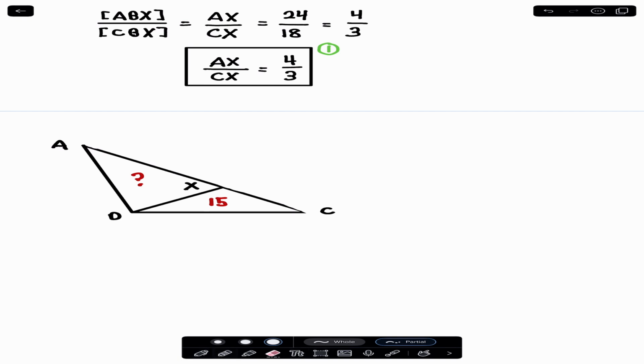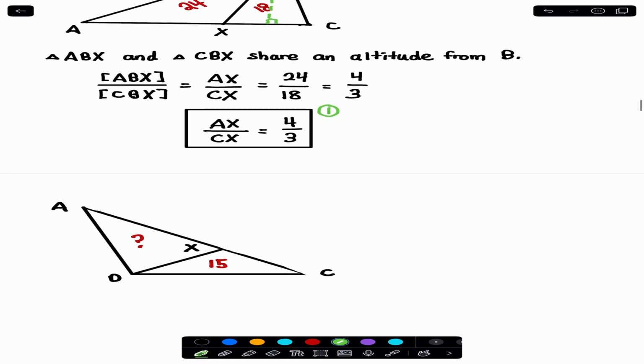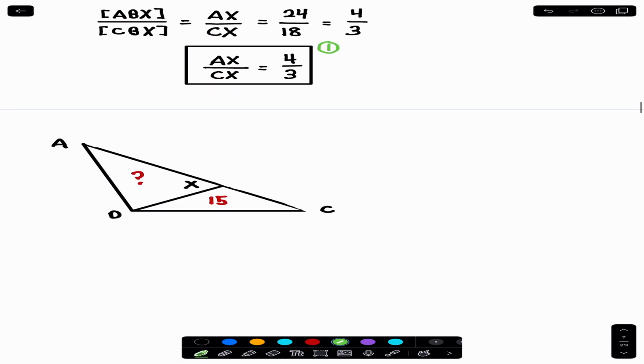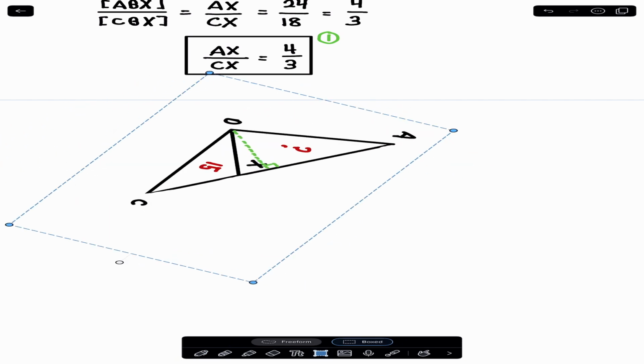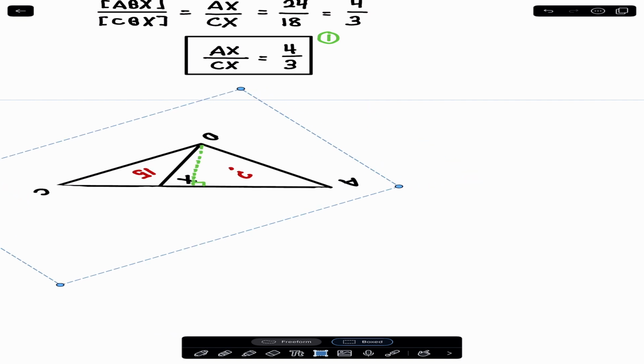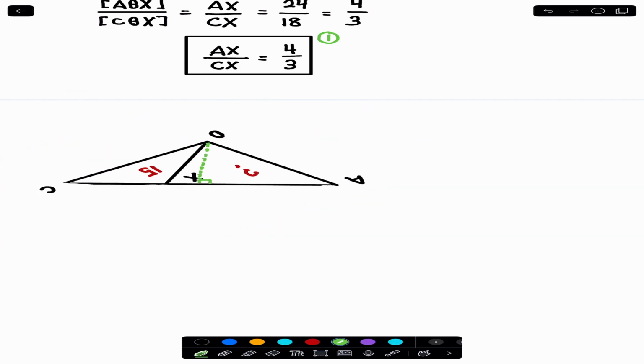Our next step, drop in altitude. So you can see it's pretty much the same process, just repeated many, many times. There are many choices on where we can drop in altitude, but I like the looks of this one. If you're having a hard time seeing that, let's tilt it so that it's easier for you to see.